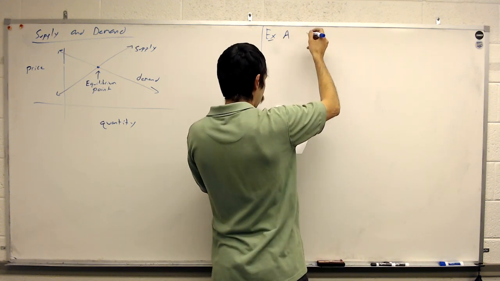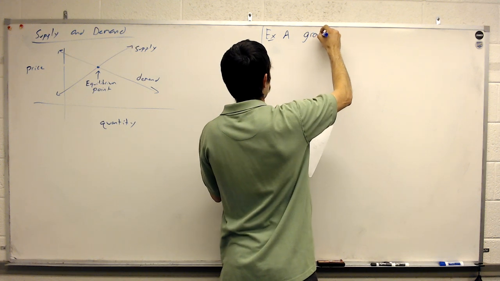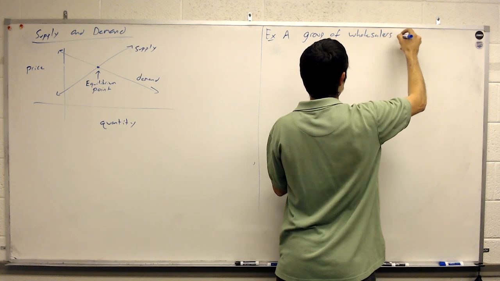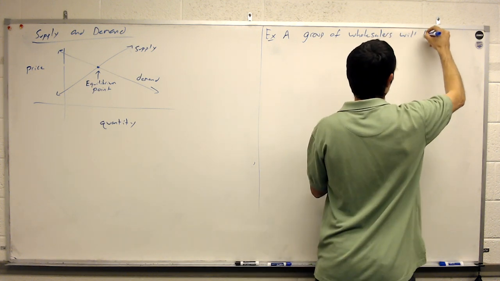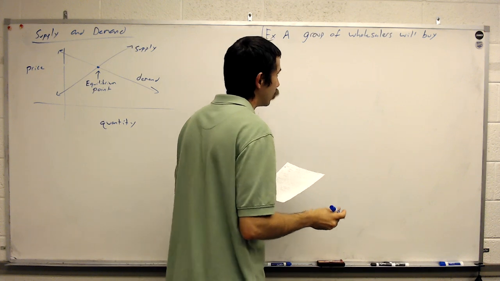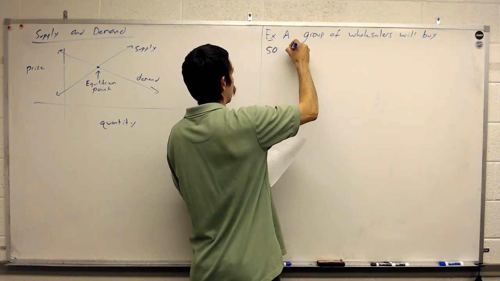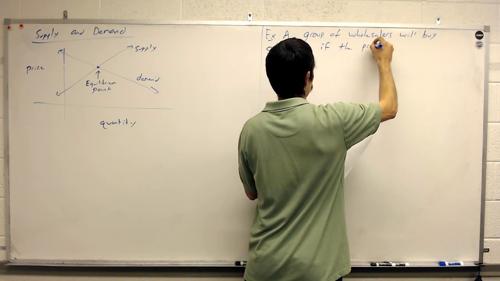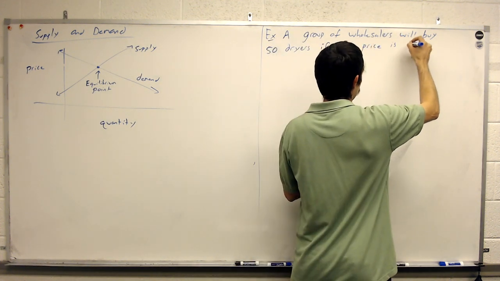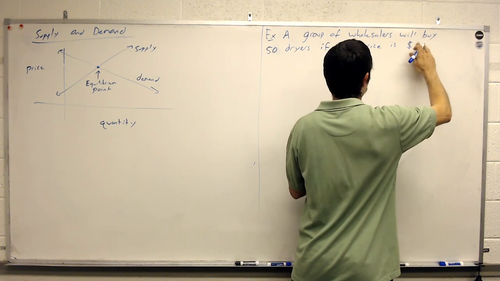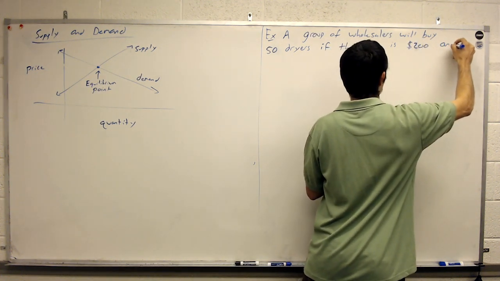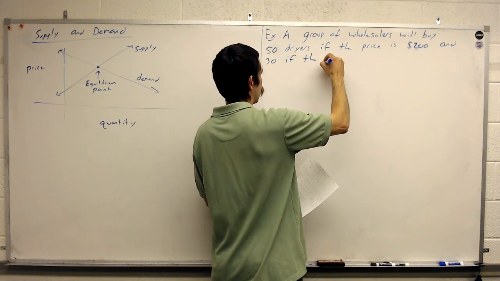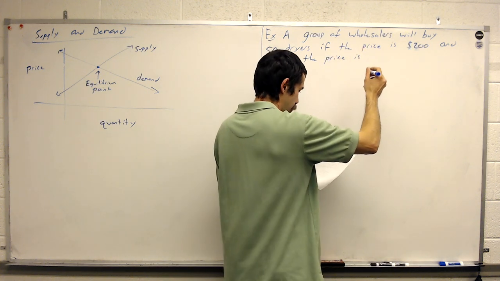A group of wholesalers will buy 50 dryers if the price is $200, and 30 dryers if the price is $300.